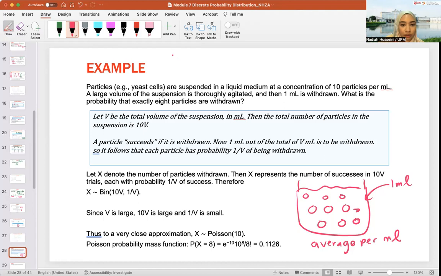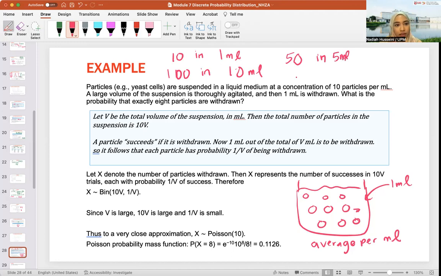Let me write that down. 10 particles in 1 mil, 100 particles in 10 mil. Okay, and I have 50 particles in, let's say, 5 ml.